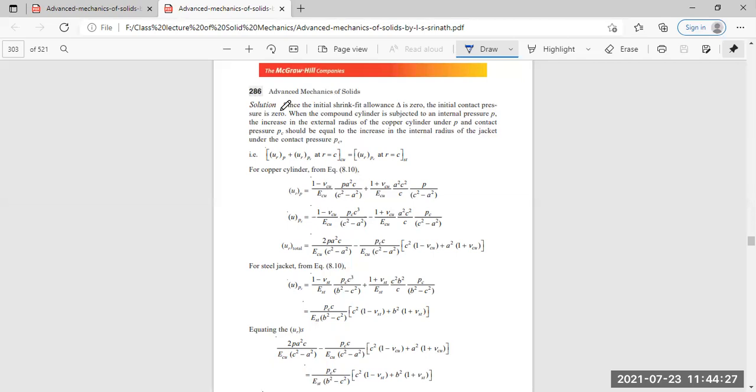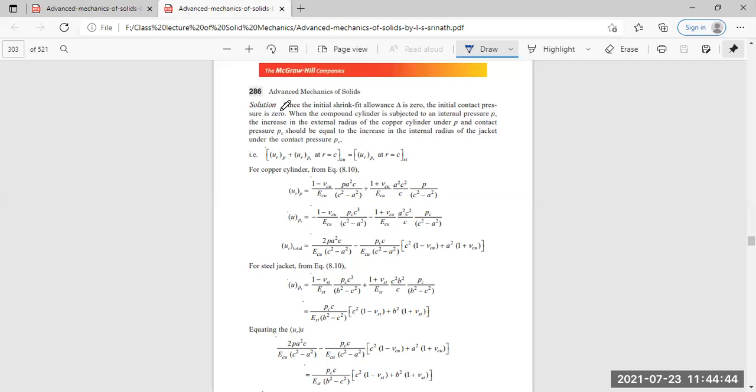So what we get out of it: one, internal pressure, which is given, which is our flowing fluid or flowing liquid, whatever it may be, and the contact pressure created by this pressure P between these two contact surfaces, between copper and the internal cylinder.